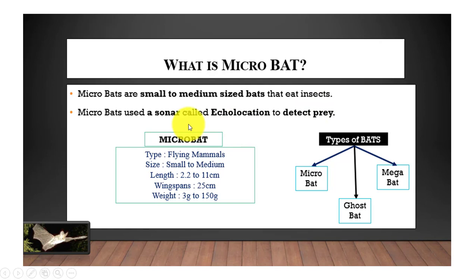Using this sonar, they can detect their prey, and you can see we have different types of bat like microbat, ghost bat, megabat. Microbats are the flying mammal, and you can see the size is small to medium and the length is 2.2 to 11 centimeter and the wing span is 25 centimeter and the weight is 3 gram to 150 gram.